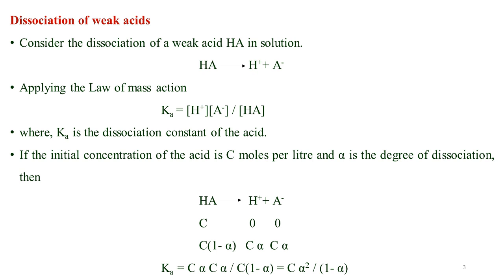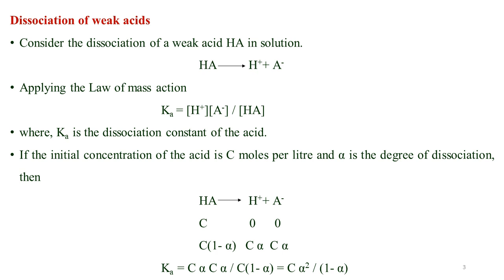If the initial concentration of the acid is C moles per liter and alpha is the degree of dissociation, then HA gives H+ and A-. So C is the initial concentration, where the concentration of products will be 0.